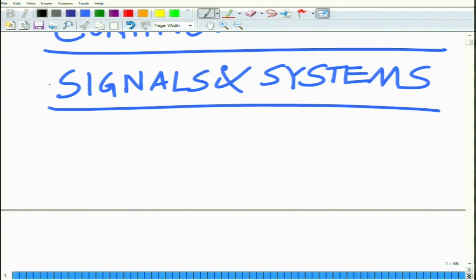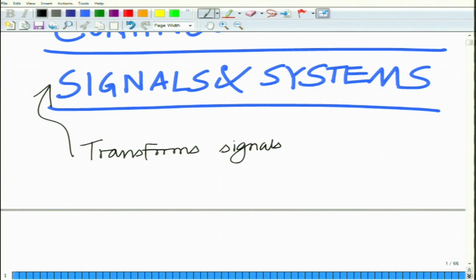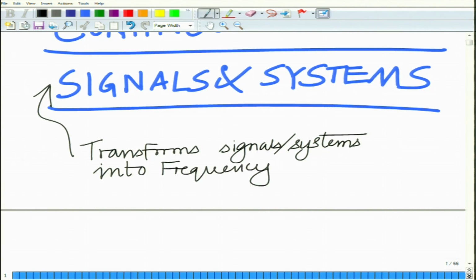Now, the Fourier transform transforms signals or systems into the frequency or spectral domain, which is also known as the frequency spectrum.